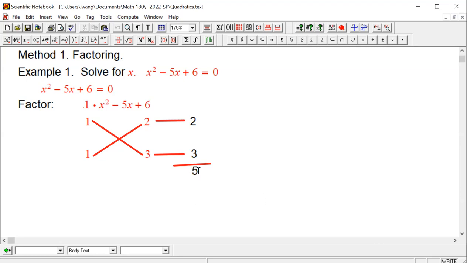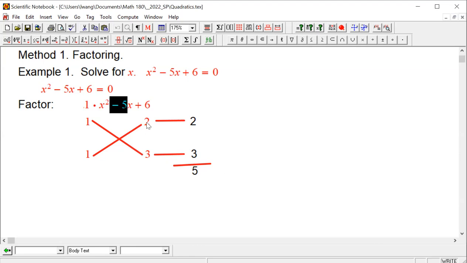We want this procedure to produce a number that matches the number in front of x precisely. Obviously, we did not match it. We have a -5, and we have a +5 here. So it doesn't work. If it doesn't work, we continue to try.